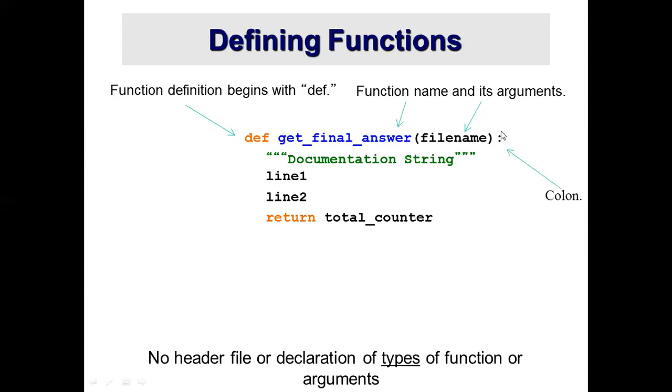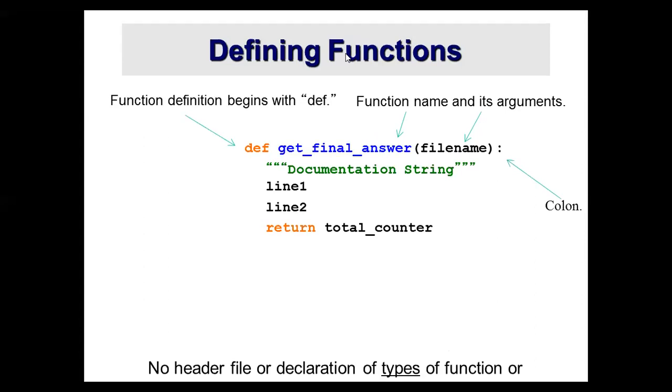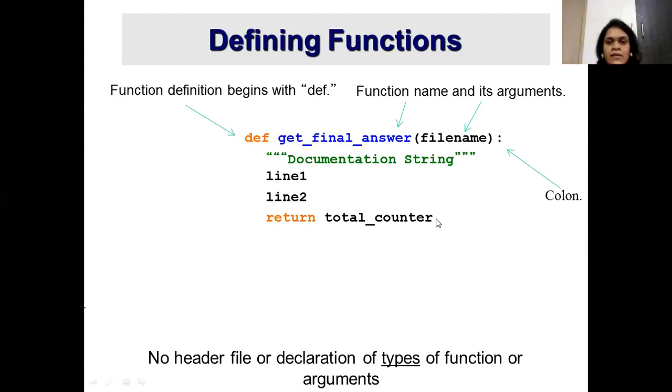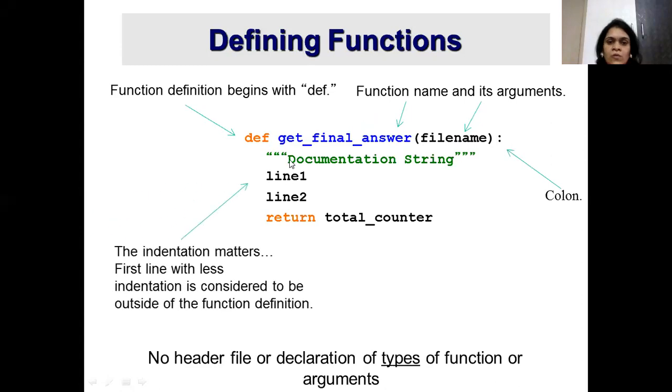You need to have a colon at the end of the statement. Then a documentation string is optional. After that, you can have lines of code belonging to the function.